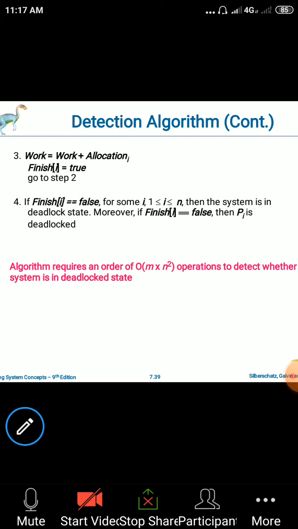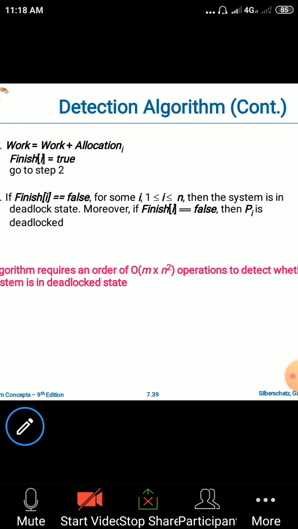In the previous algorithm we set finish of i equal to true and found the safe sequence, but here if no such i exists, then finish of i remains false, and we say that the process Pi is deadlocked.